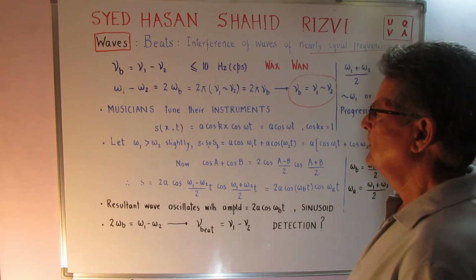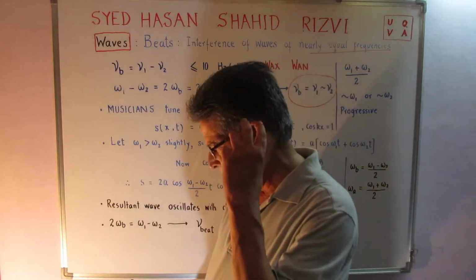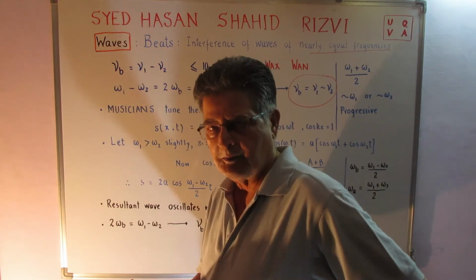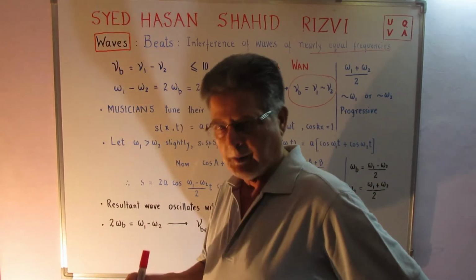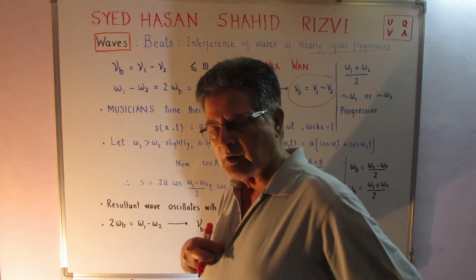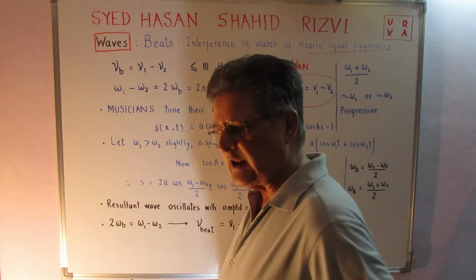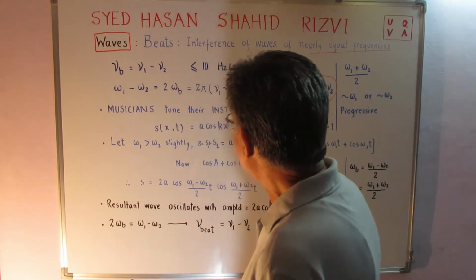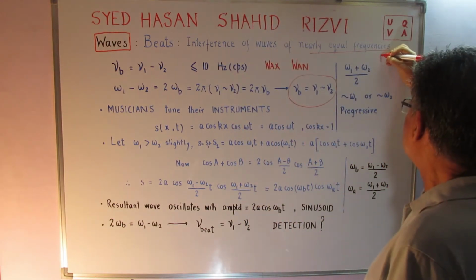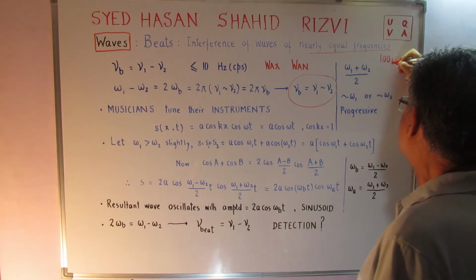Why so? Let me tell you that our ear is able to decipher between two syllables if the interval between the two syllables is not less than 100 milliseconds.